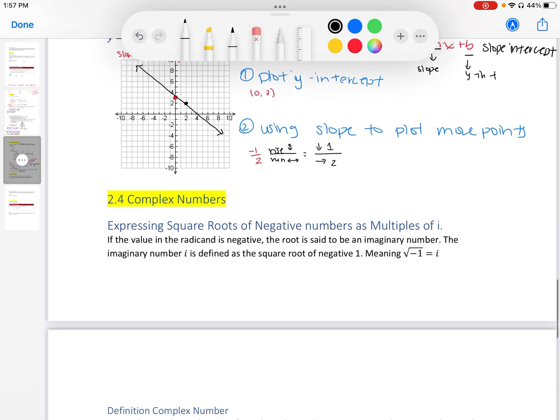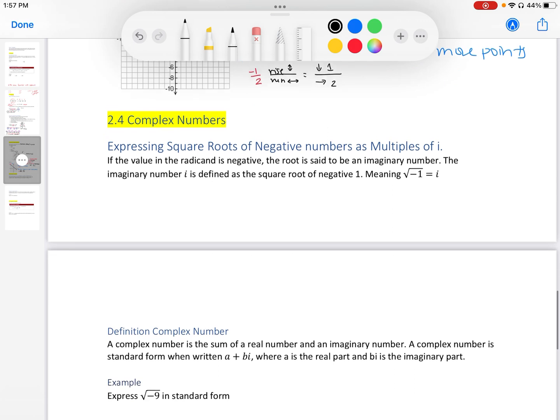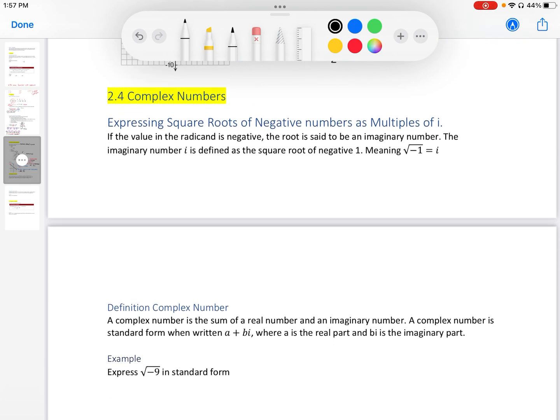Another section I'd like to highlight is complex numbers. In a nutshell, it's telling us what we can do when the inside of our square root is negative, which we were previously told is a big no-no. Generally, the punchline is, if I have a negative, you just write an i, and that takes care of the negative.